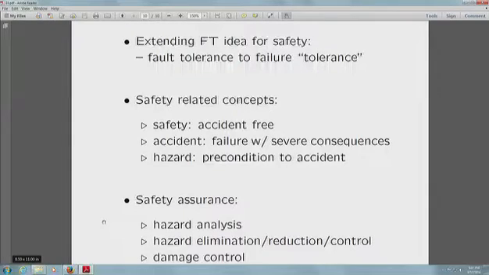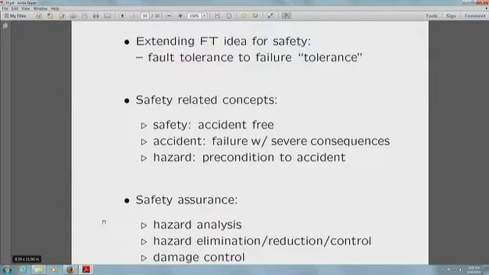When it has very severe consequences, we can call it an accident, and a system that may have such accidents we call a safety critical system. Because we're talking about safety, it typically involves people's lives and some other major damages.